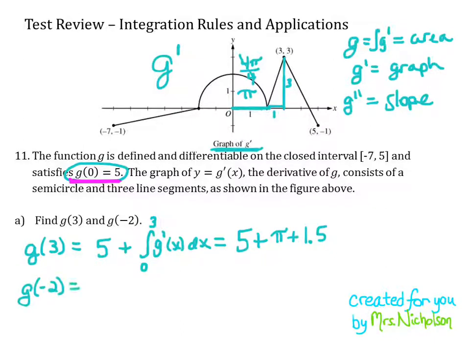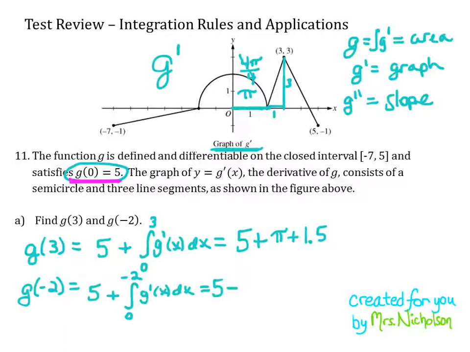So g of -2. Same thing, we're going to start with 5, and we're going to add the integral from 0 to -2 of g prime of x dx. Now notice this time I'm starting at 0 and I'm going backwards to -2. And so whatever area that I get here, we're going to have to change it to negative. So I'm going to say negative because that area is going to be negative.